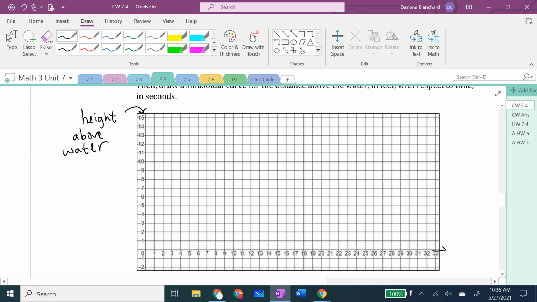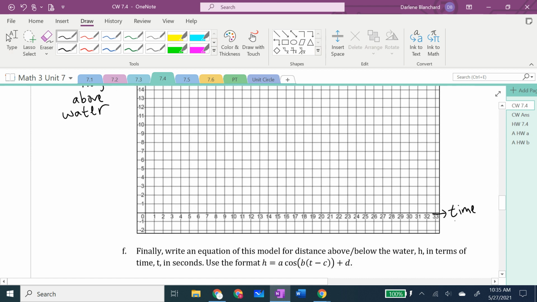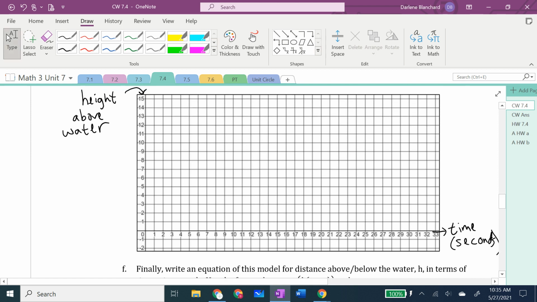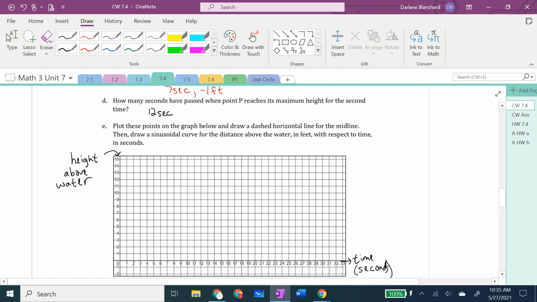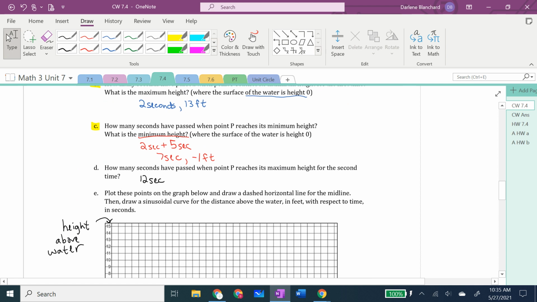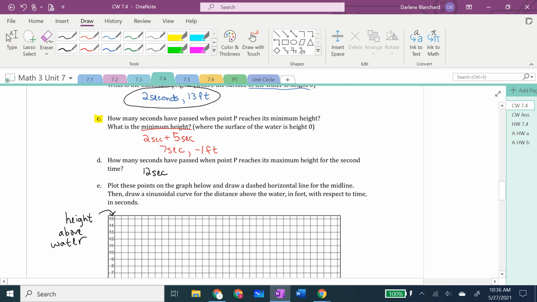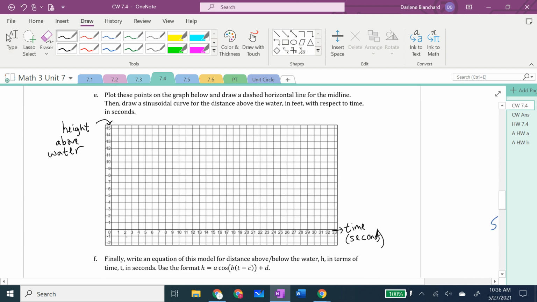The x-axis is representing time, and we are doing time based on seconds. So let's plot these known points. We have, after 2 seconds, 13 feet. I'm going to plot 2 seconds, 13 feet as a point.